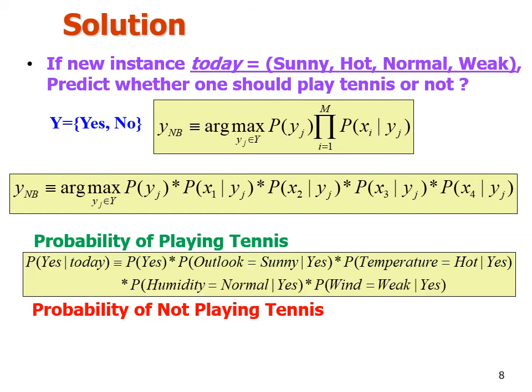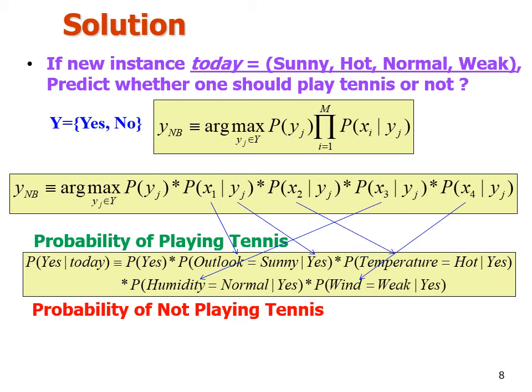So let us find out probability of yes given today, that is probability of playing tennis given the instance today, and that is equal to probability of yes into probability of outlook equal to sunny given yes into probability of temperature equal to hot given yes into probability of humidity equal to normal given yes and probability of wind equal to weak given yes.